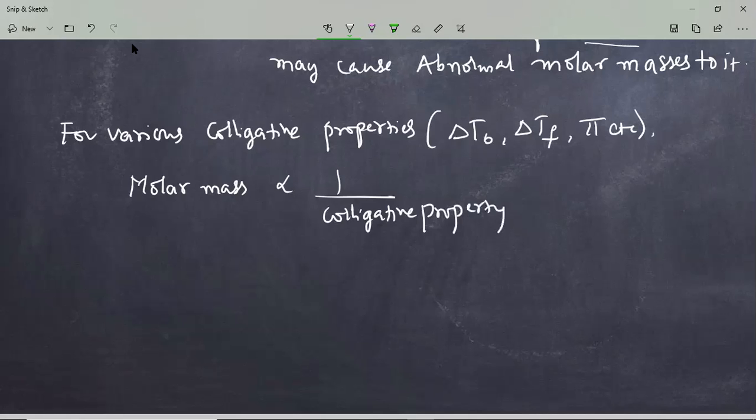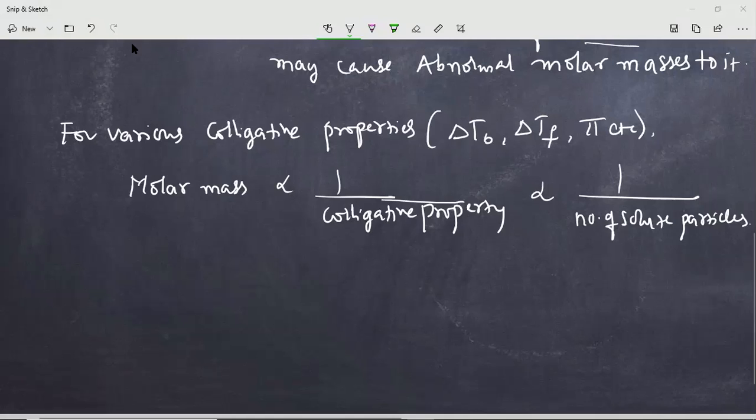Or you can also say molecular mass is inversely proportional to the number of solute particles.